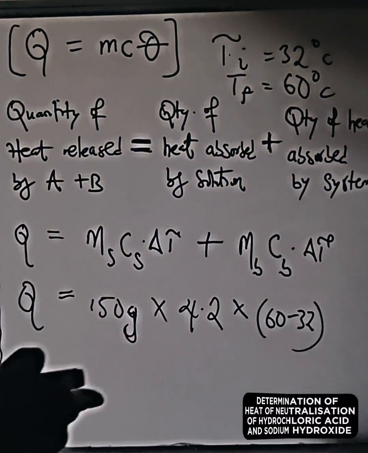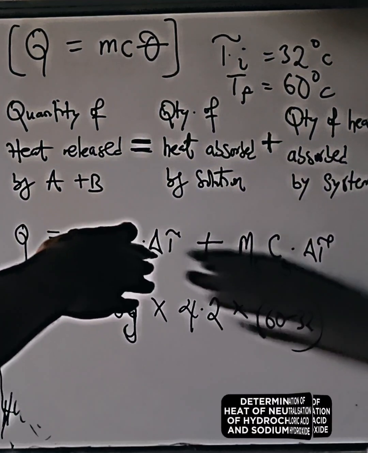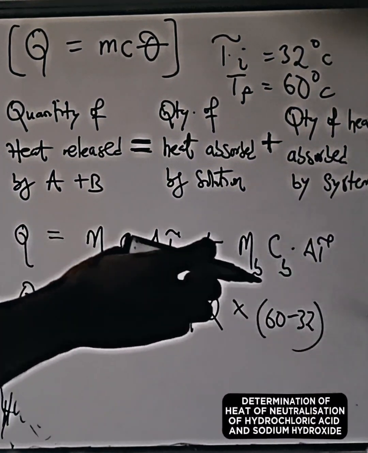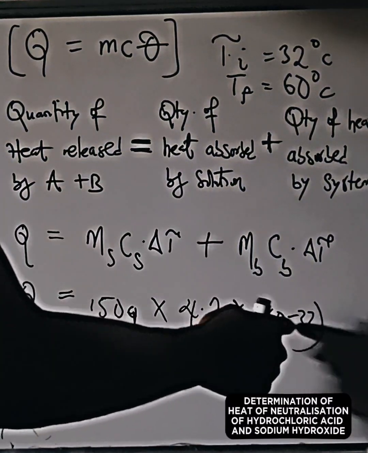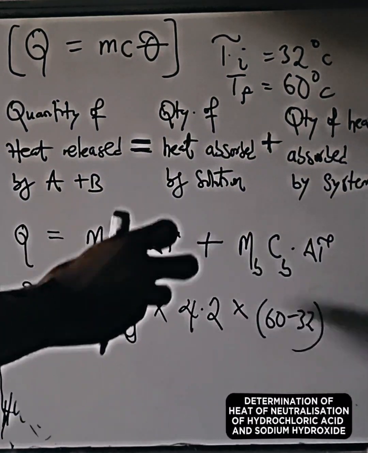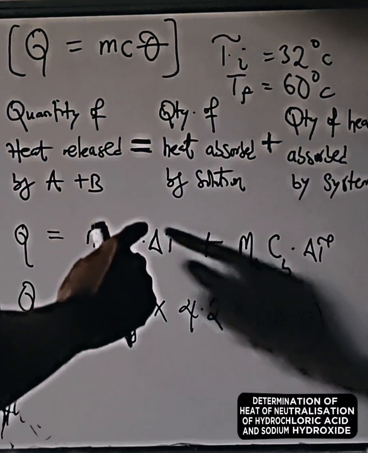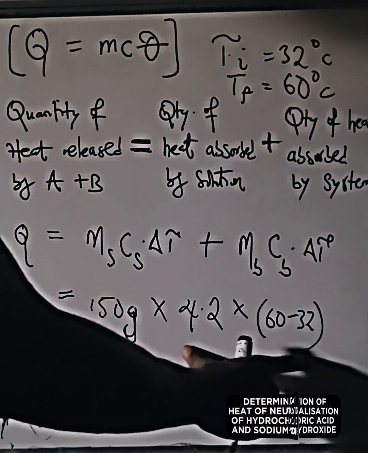I want to say something here, but before I do that, check your specific heat capacity. If you are given a specific heat capacity whose unit is in Kelvin, you have to convert these values to Kelvin. If your specific heat capacity unit is given in degrees Celsius, then you can use this value as it is. Once we've gotten this for the solution, the quantity of heat absorbed by the solution is this.